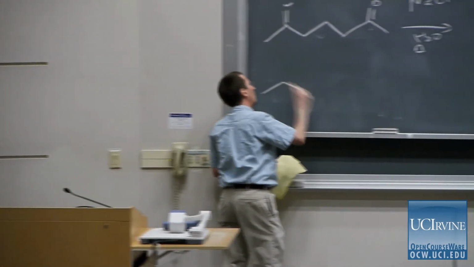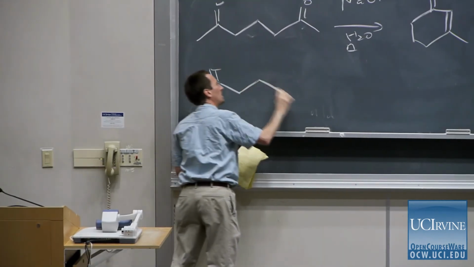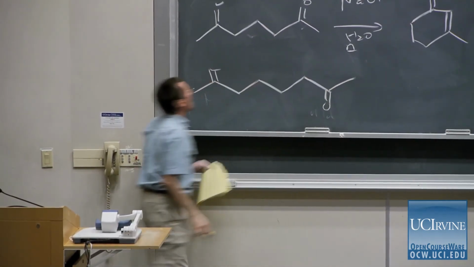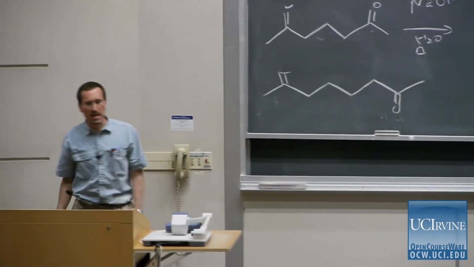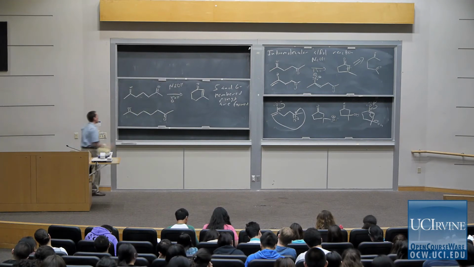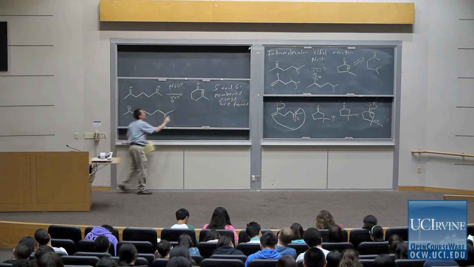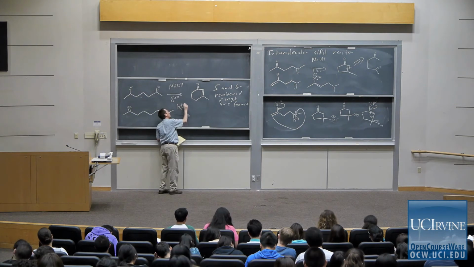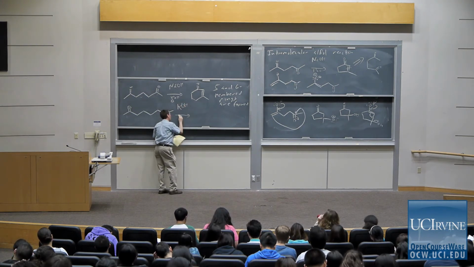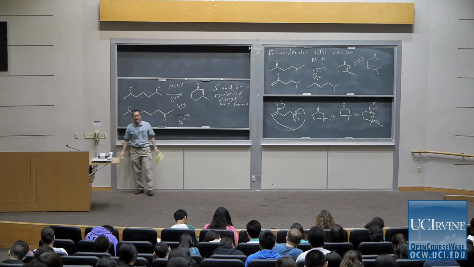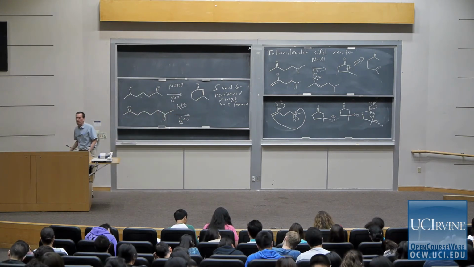Try one more example here. So now we've done a 6-carbon chain, 7-carbon chain. Let's take an 8-carbon chain. These are real examples taken from real experiments that have been published. This particular example just used potassium hydroxide in water instead of sodium hydroxide in water.